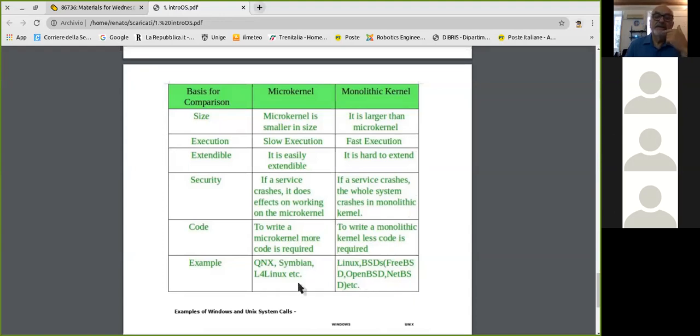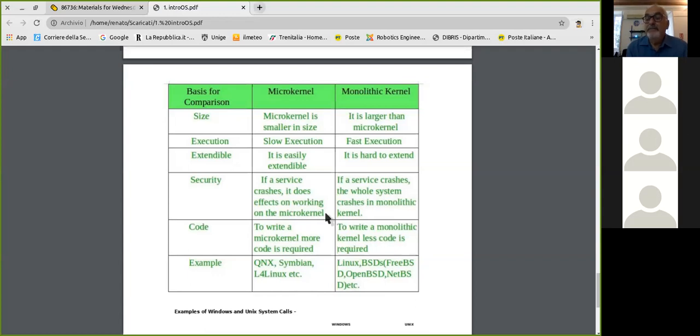Here there are some examples. And some kernels are what's called hybrid. Windows 10, for example, is a typical case, which is partially monolithic and partially micro, in the sense that the microkernel is extended with some more activities that in the strict microkernel are excluded.